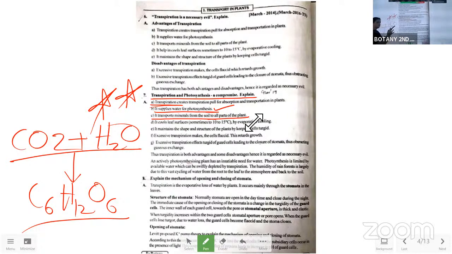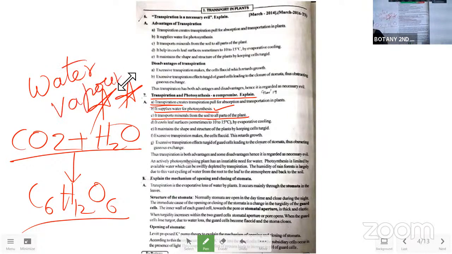And why the transpiration occurs, just now I said, it maintains its body temperature. To maintain the body temperature, transpiration is a mandatory stream in the plant body, by losing water in the form of water vapor. Sometimes it cools the leaf surfaces by 10 to 15 degrees centigrade.